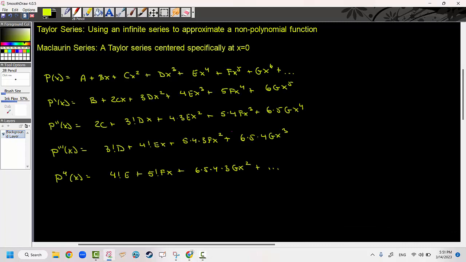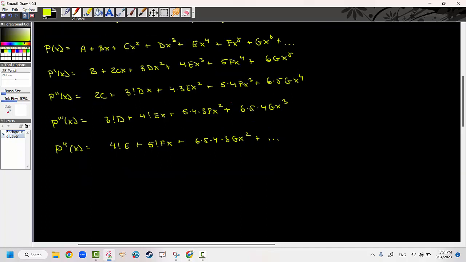Okay, so I've taken 4 derivatives now, and what I'm going to do is make my associations at 0 once again, but I'm going to do them very generically this time. Remember, we made f of 0 equal p of 0, and we knew that p of 0 was equal to a. We made f prime of 0 equal p prime of 0, and we knew that if I plug 0 in for all of these, I get b.